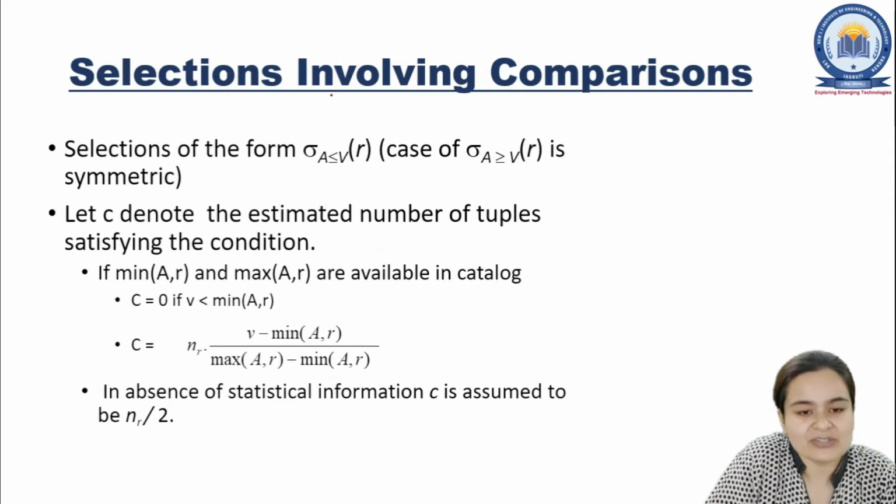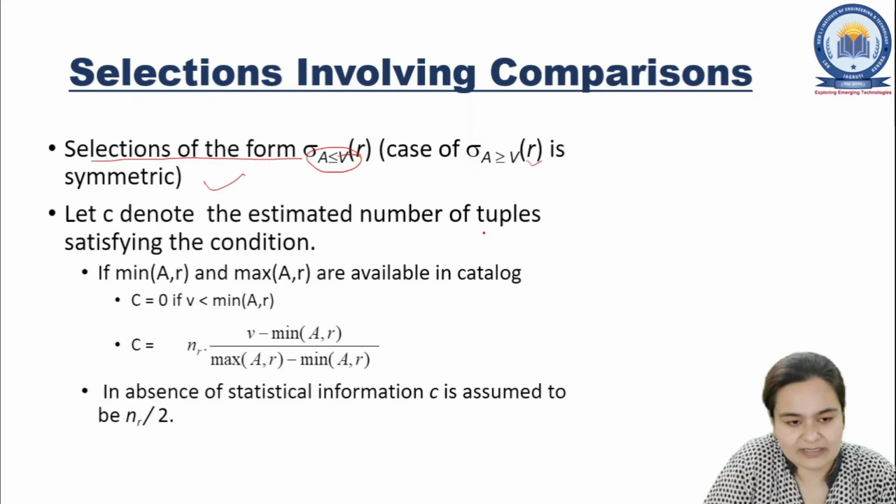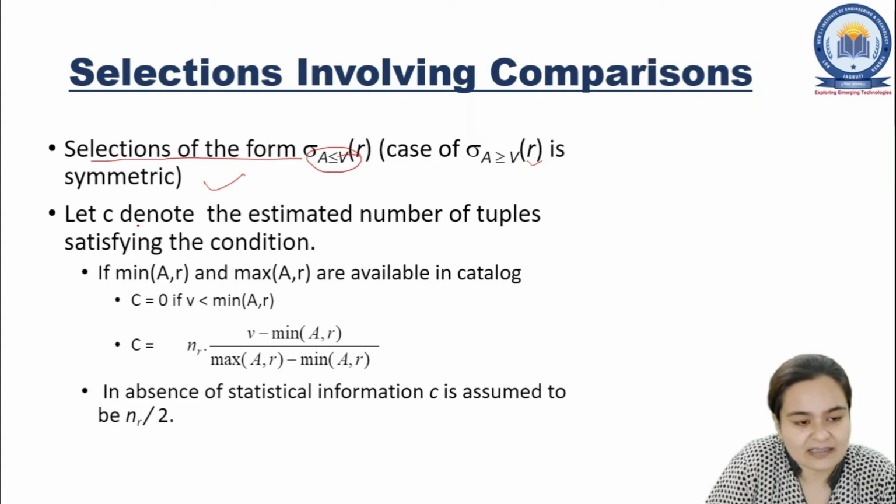Now coming to selection involving comparison, we have a selection of the form where the condition is A less than or equal to V from R. The case of A greater than or equal to V is symmetric. Let C denote the estimated number of tuples that satisfy the condition.